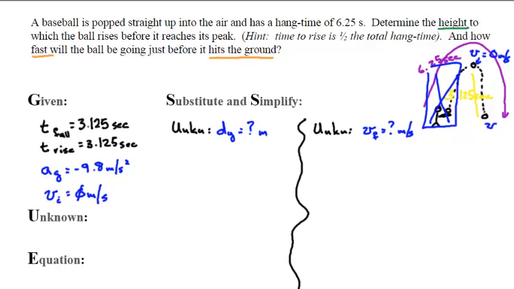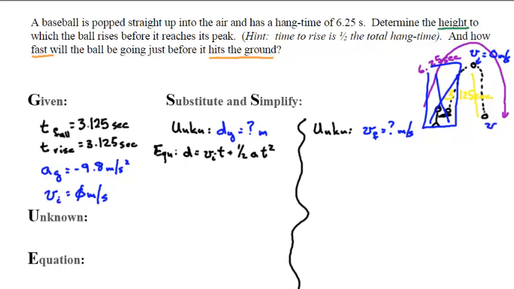If I'm looking for distance, the equation that I'm going to use is distance equals velocity initial times time plus 1/2 acceleration times time squared.